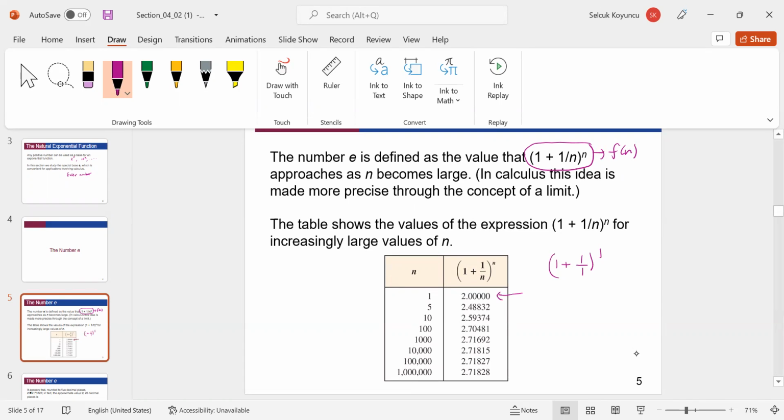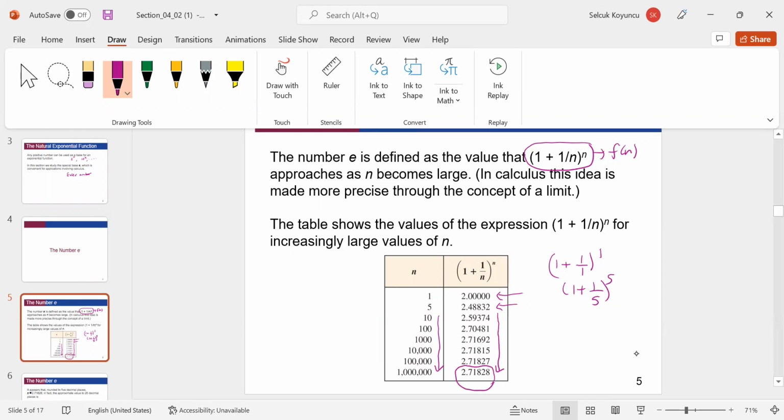If you plug in 5, you're going to get 1 plus 1 over 5, to the 5, and then you're going to get that number. If you keep on plugging in 10, 100, 1000, 10,000, you see slowly the n values are getting so large, and when n values are getting so large, the values of this function seem to be localizing close to such a number.